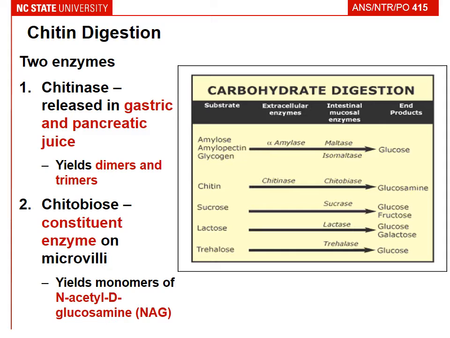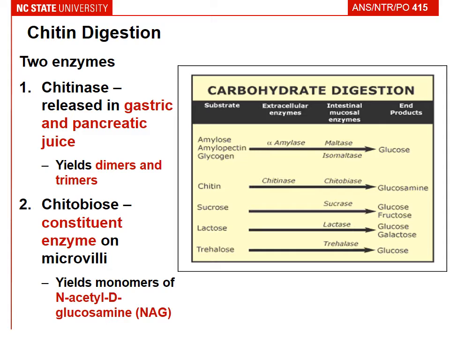So our chitinase is what's going to yield dimers and trimers. So it's similar to what our amylase is doing. So we're getting small dimers. We're getting 2 or 3 of the N-acetylglucosamine conjugated together. So that's coming from the stomach or the pancreatic juice.